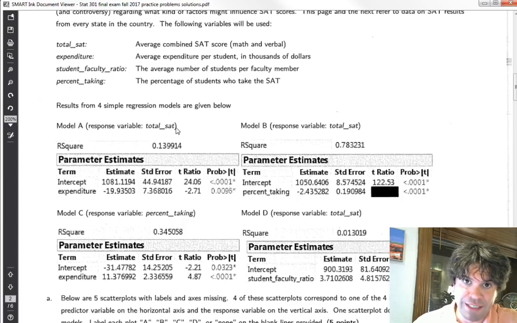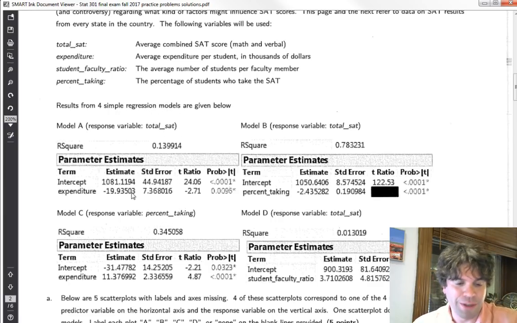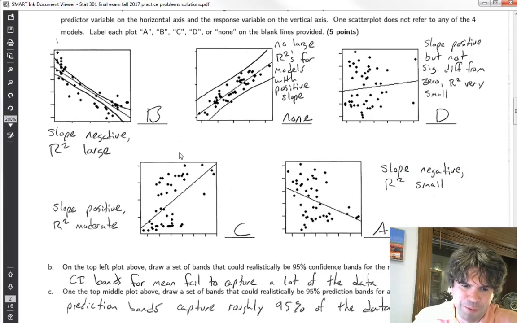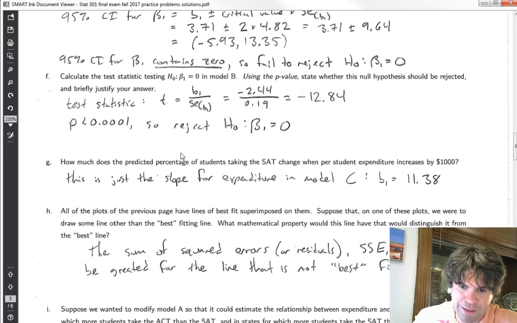This doesn't prove causality, but if there were a causal relationship, we would sort of say greater expenditure leads to greater percent taking leads to total SAT. I should say it leads to lower total SAT from percent taking. So maybe that's valid. I'm not quite sure. We can't assume causality here, but we do have a plausible explanation for how percent taking could be a confounding variable.